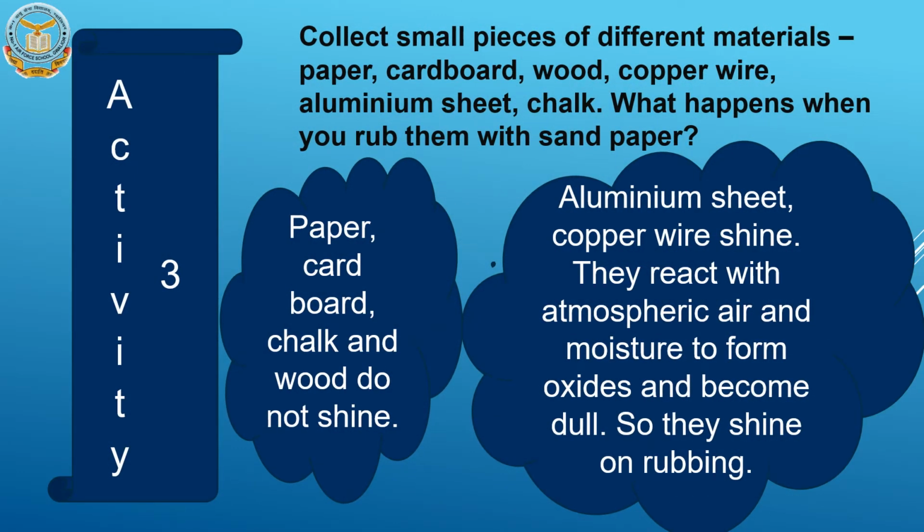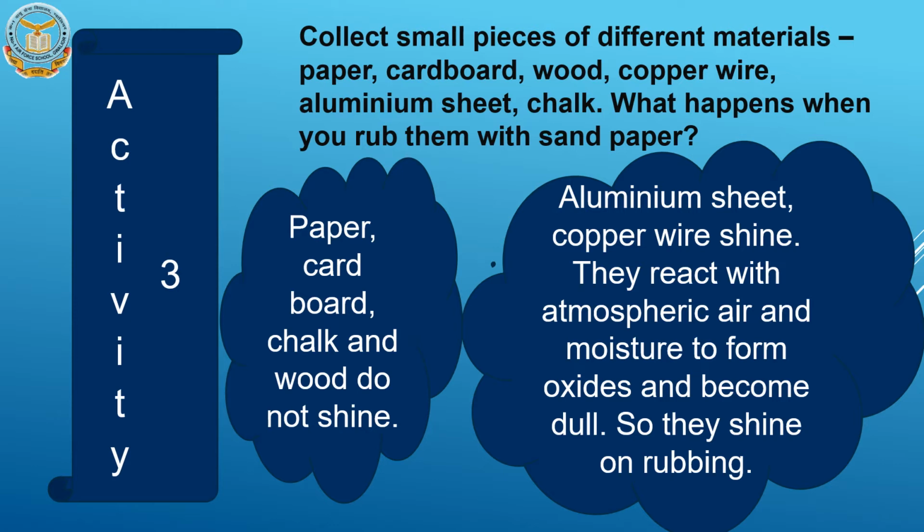In this activity, let us collect small pieces of different materials like paper, cardboard, wood, copper wire, aluminium sheet, and chalk. When we rub them with sandpaper, we observe that these objects could be divided into two groups. One group contains objects which do not shine.